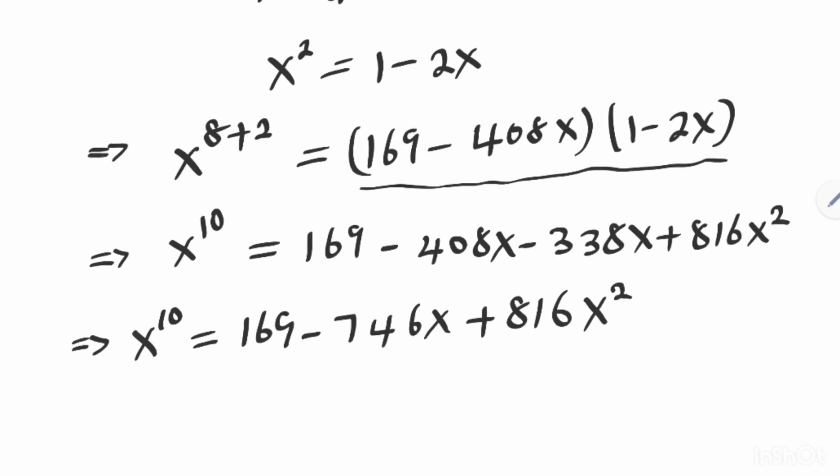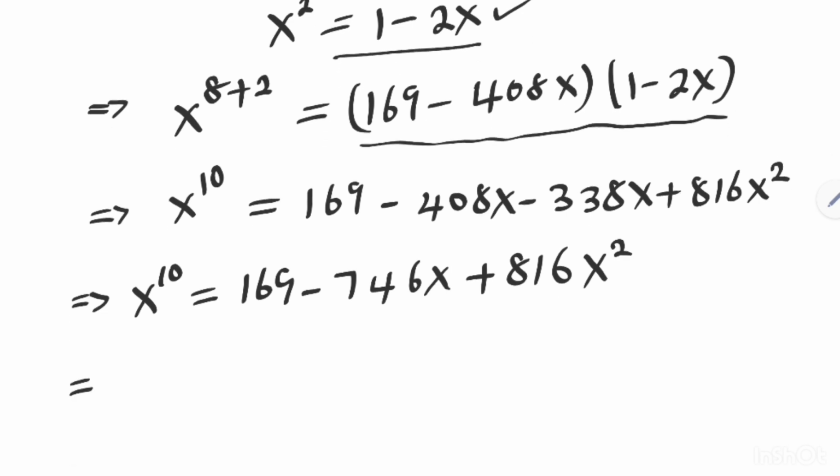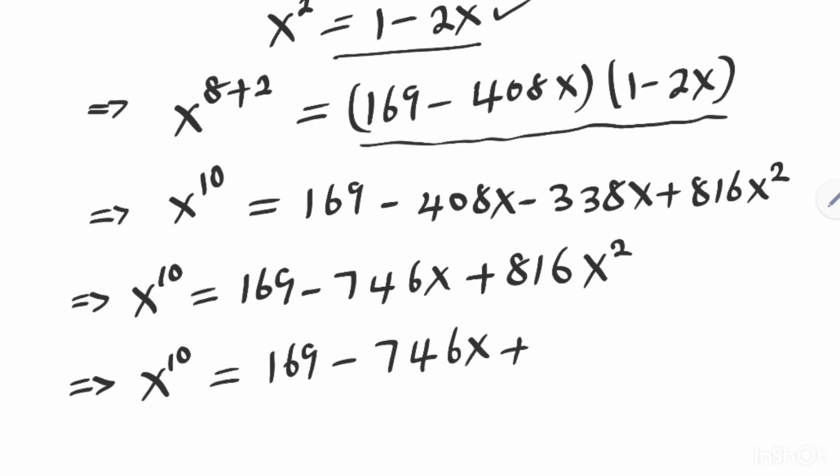But we know that x squared is equal to 1 minus 2x. This is the same thing as x raised to power 10 is equal to 169 minus 746x plus 816 bracket 1 minus 2x.